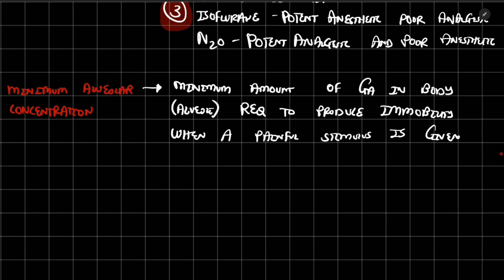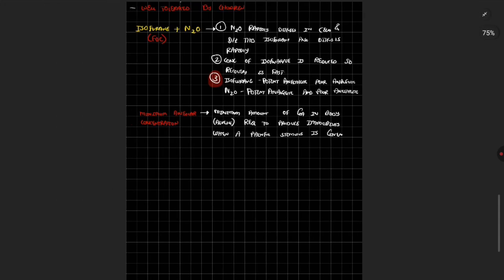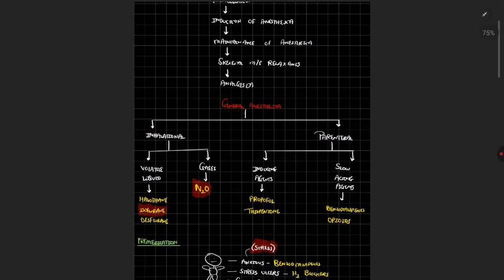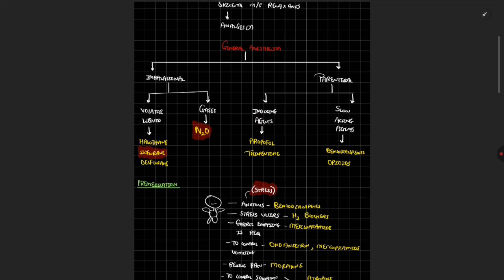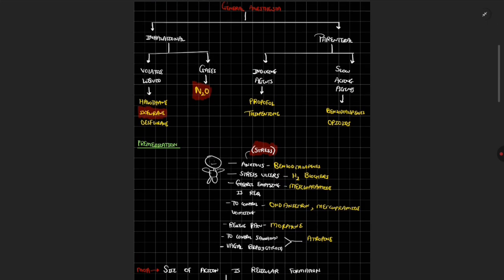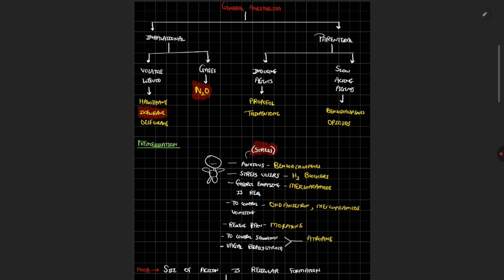Now this was all about general anesthesia and an overview, where first we saw the definition of general anesthesia, then the protocols for general anesthesia, which include pre-medications, induction, maintenance, skeletal muscle relaxant, analgesia. Skeletal muscle relaxants will be covered further. Then we saw the classification of general anesthesia, where it is classified as inhalational and parenteral.